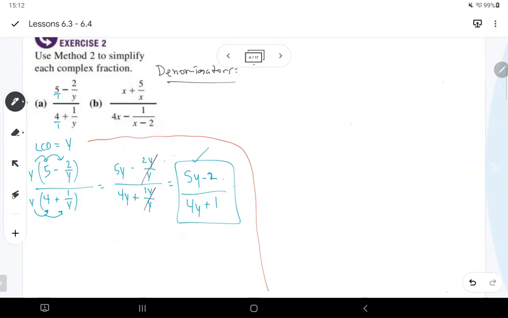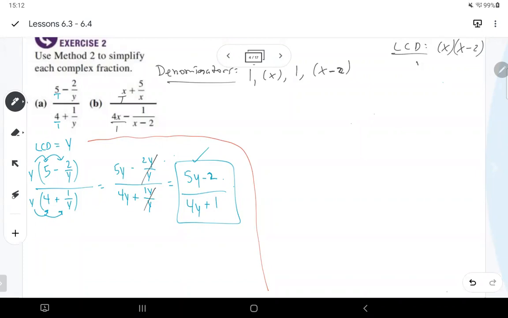So the denominators right now are 1, x, 1, and x minus 2. Now the ones don't do anything for us. So the LCD is just going to be x and x minus 2 together, multiplied.